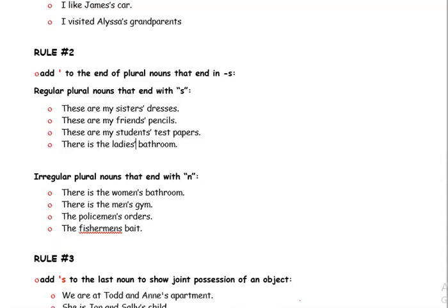I see that Dalen and Layla have checked out, eh? The bathroom is that lady's. Close, but no. I only want one lady. So lady is spelled L-A-D-Y. And give it to me in the same form. There is the ladies' bathroom.